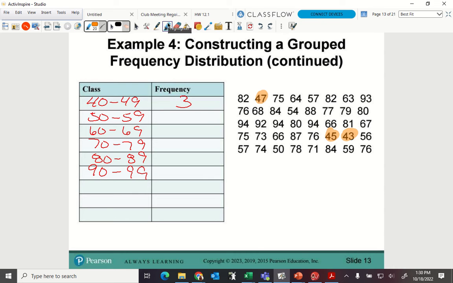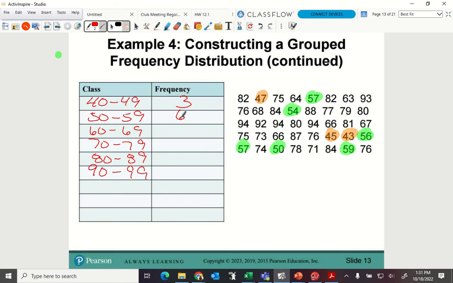So the next one is the 50 to 59 range. That was orange. Let's go that one. So now I have 1, 2, 3, 4, 5, 6. You guys agree? Okay, good.